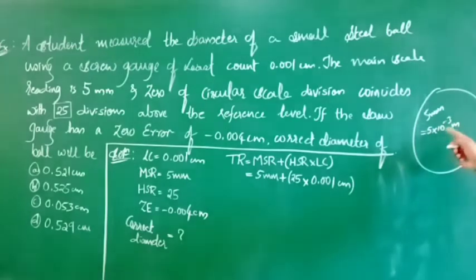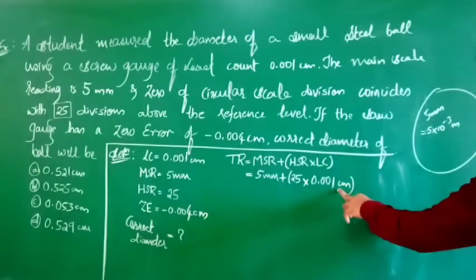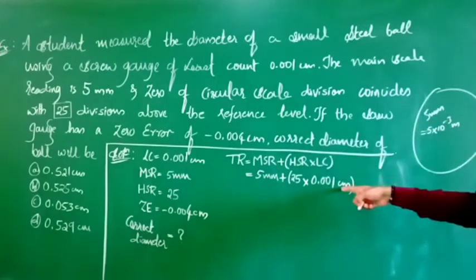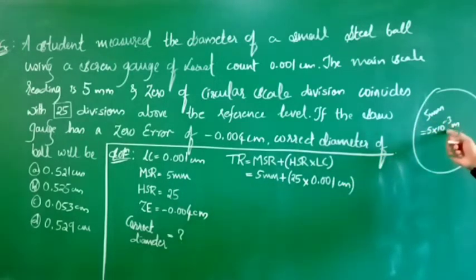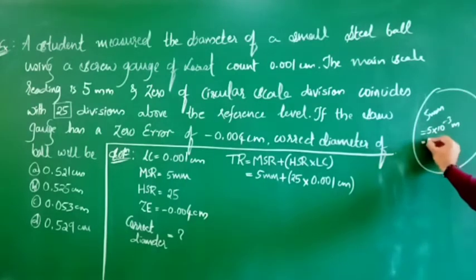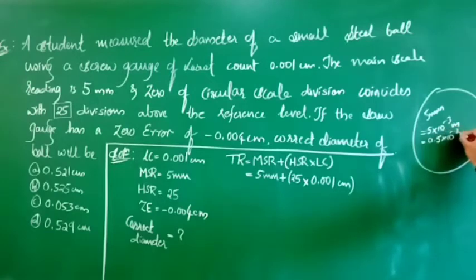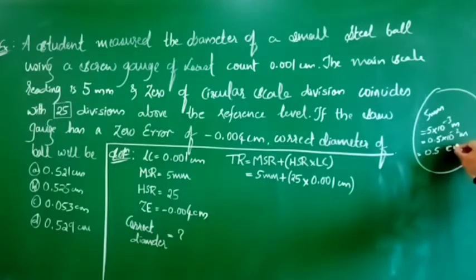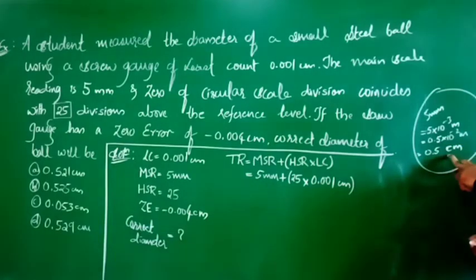We want centimeter. Centi means 10 to the power of minus 2. This 10 to the power of minus 3 should be converted to minus 2, so it will become 0.5 into 10 raised to minus 2 meter, or 0.5 directly in centimeter. 10 to the power of minus 2 is nothing but centi.